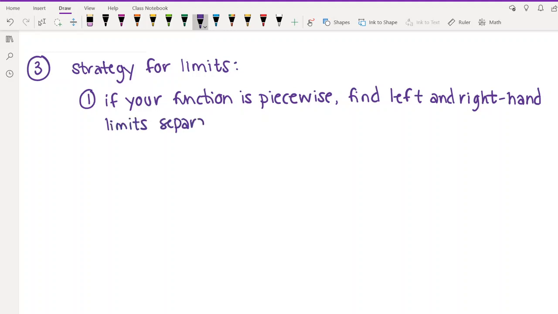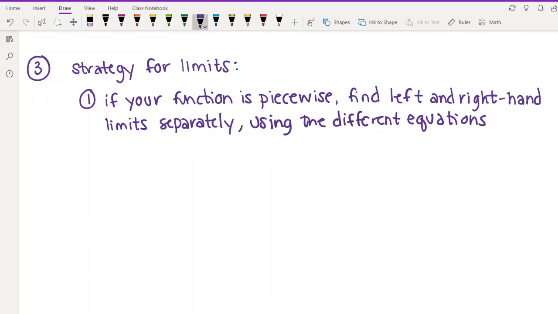So really it's only in piecewise functions that we're going to be thinking about left and right hand limits. It's not the only time it comes up, but for the sake of what we're doing in this class, that's probably the only time that you'll have to deal with that. So how do you find them separately? You use the different equations that make up your piecewise function, just like what we did in the first question.